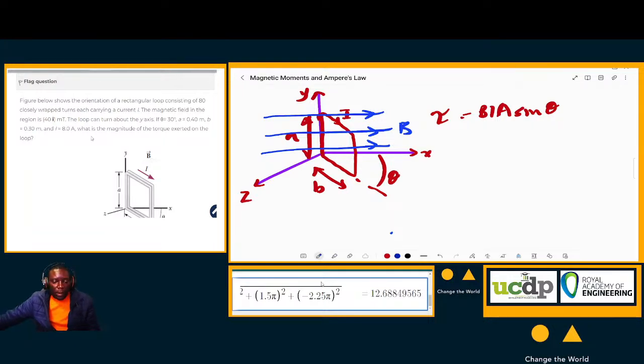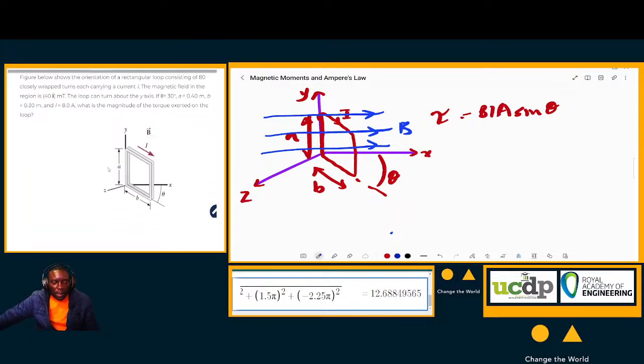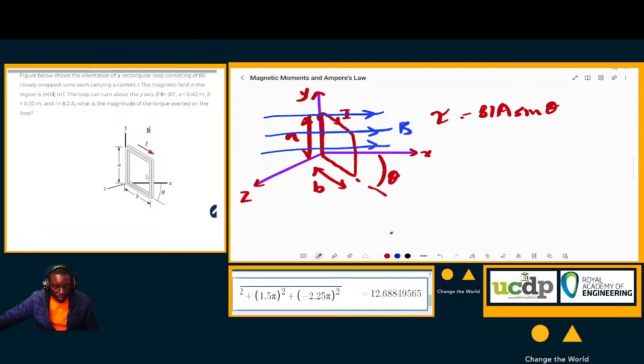Okay. In this case, if theta is 30 degrees, what is the magnitude of the torque exerted on the loop? So yeah, it's still okay.